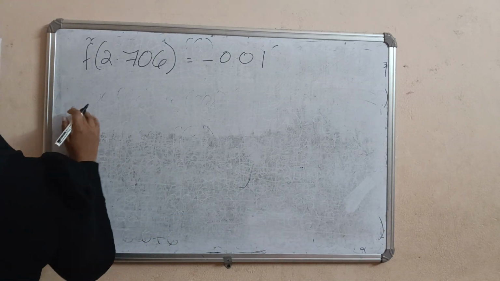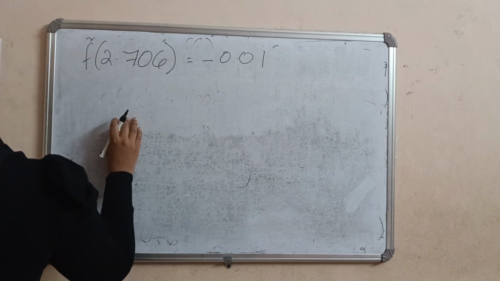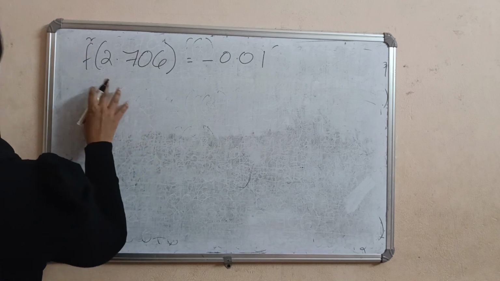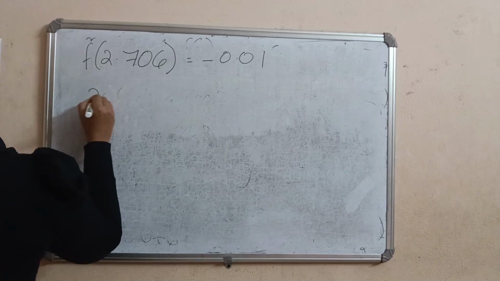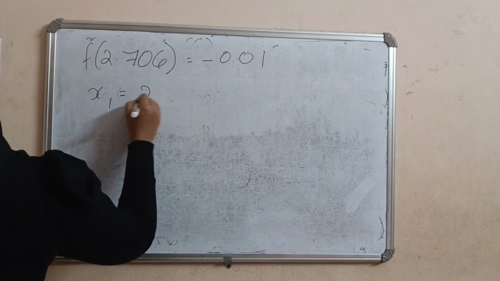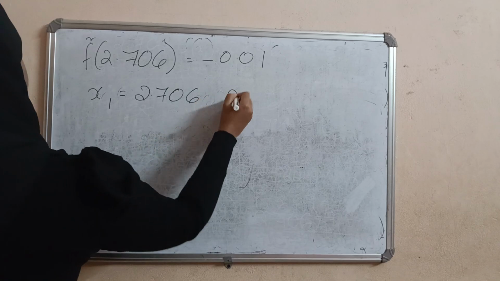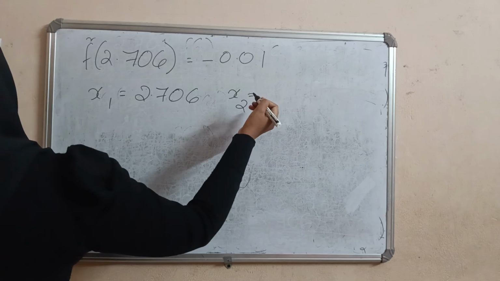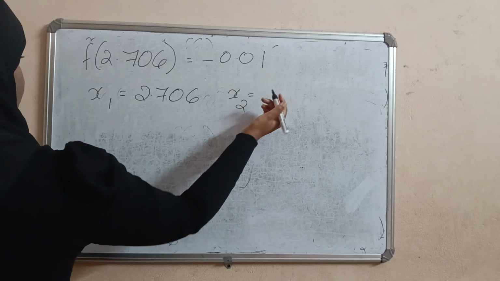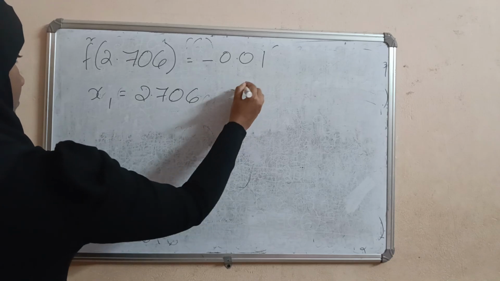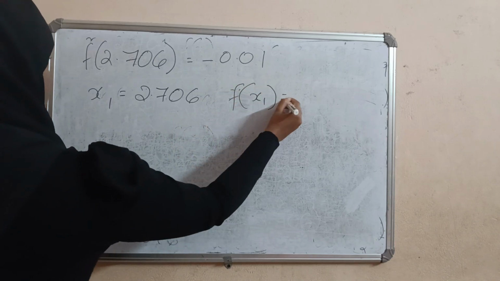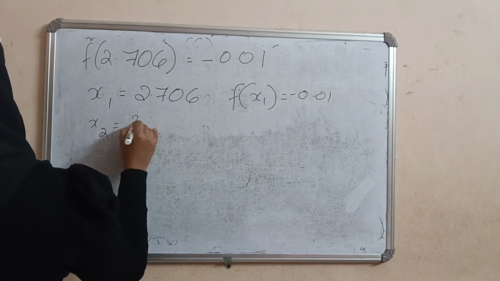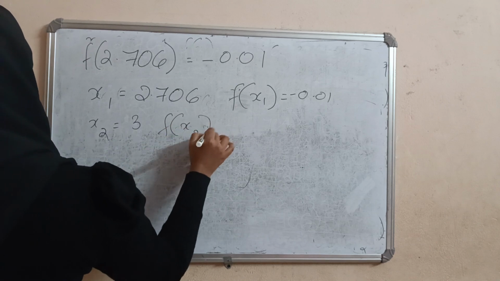So again we would do our iteration with x1 equal to 2.706, f of x1 equal to minus 0.01, x2 equal to 3, f of x2 equal to 6.